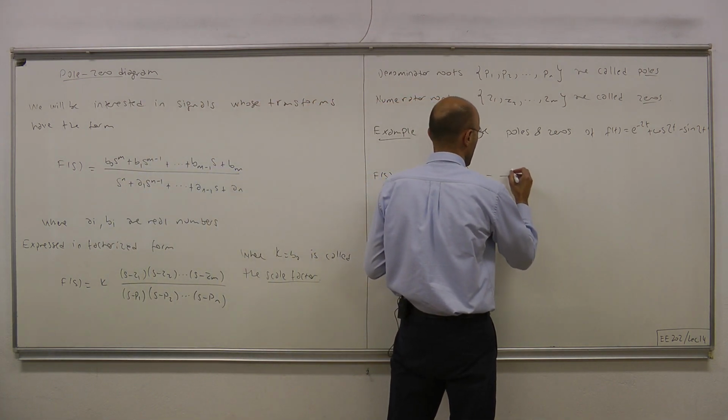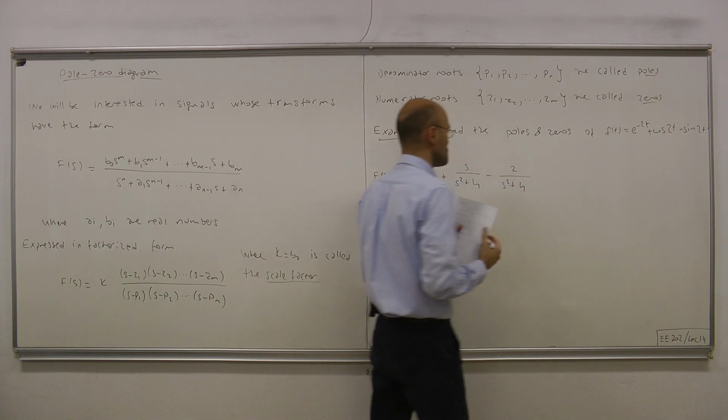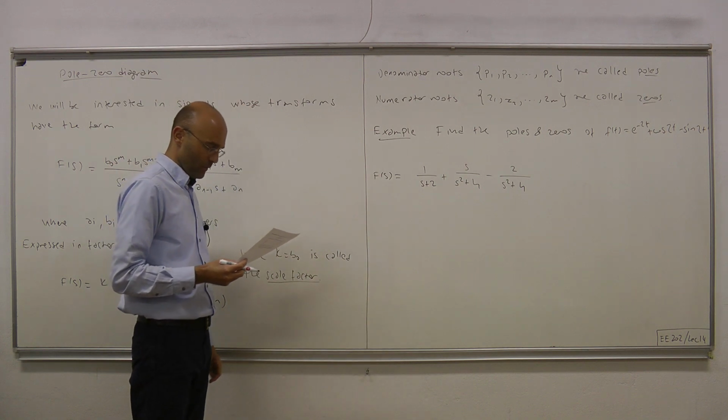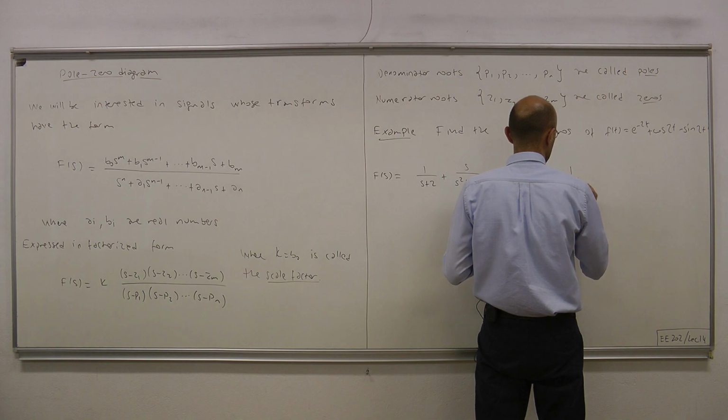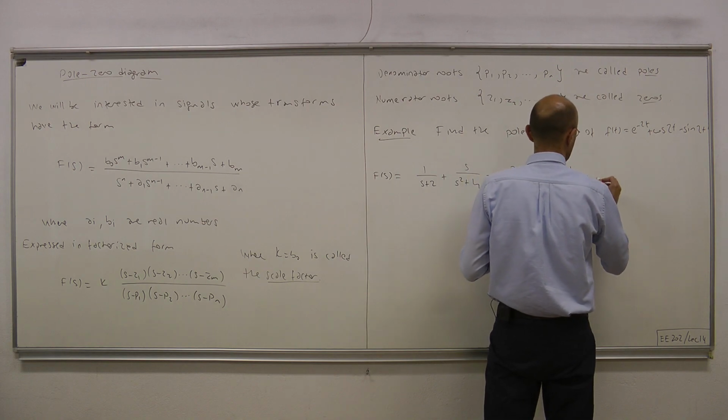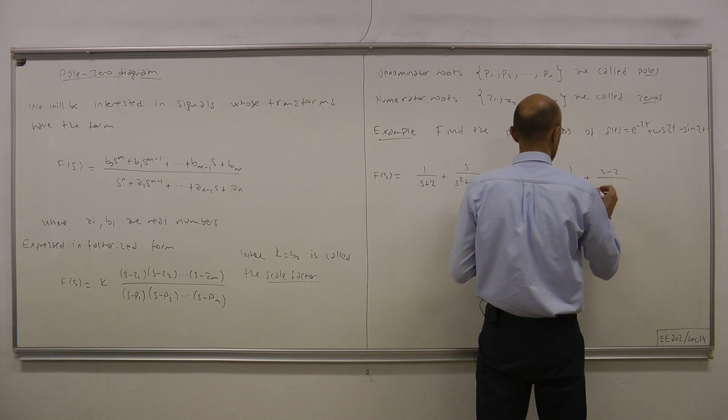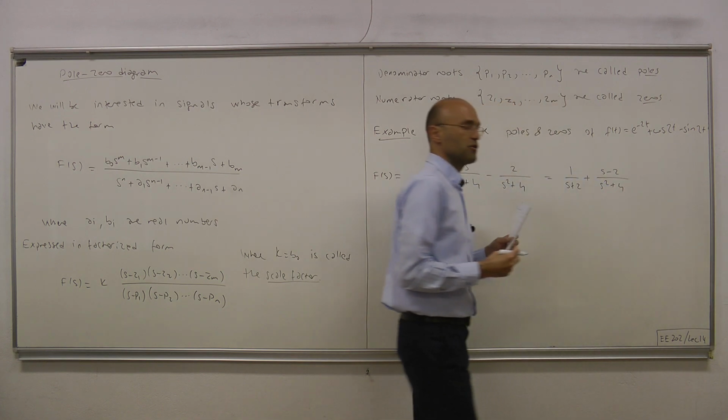Therefore, we have 2 over s squared plus 2 squared. Now that equals 1 over s plus 2 plus (s minus 2) over (s squared plus 4).